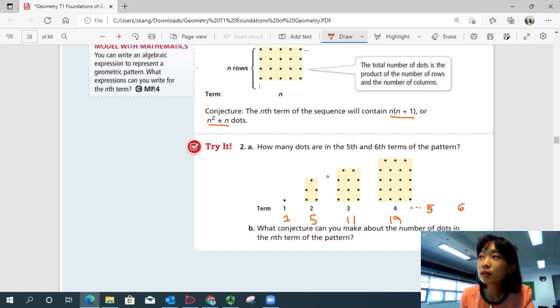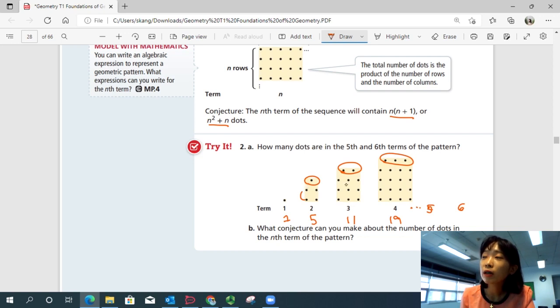We can make an observation that the number of the term corresponds to the number of rows. Actually, the rows and columns without the top part. So these are additional dots that do not correspond to the other dots aligned in rows or columns, right?